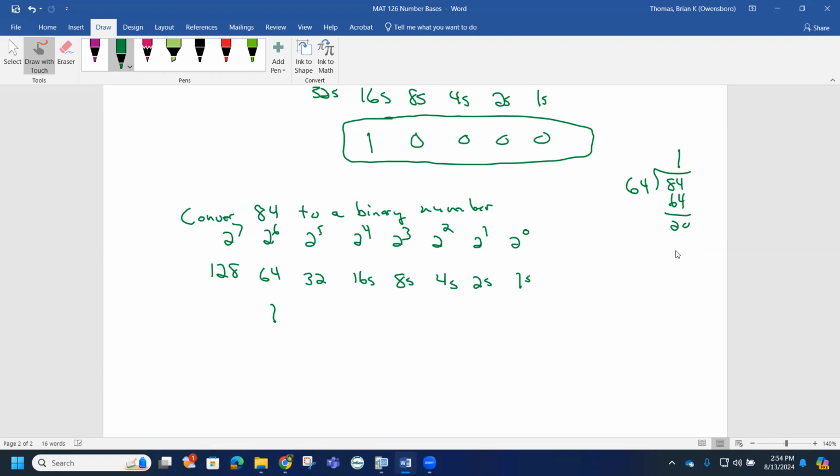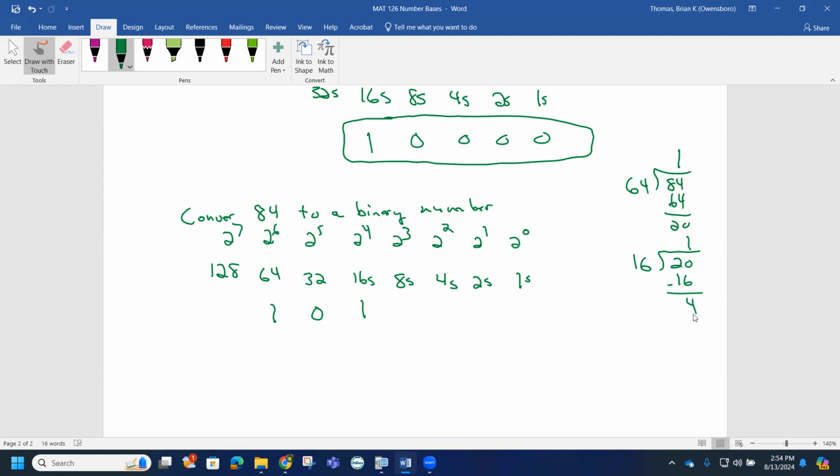That just leaves me 20. For 20, 32 is too big, so I put a 0 there, so I can do 16s. How many 16s can we get into 20? We can only get one 16 into 20. 1 times 16 is 16, and 20 minus 16 is 4. So we can do one 16.